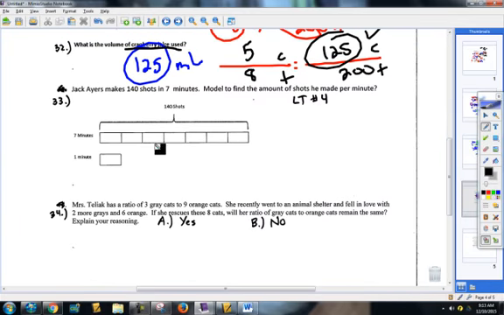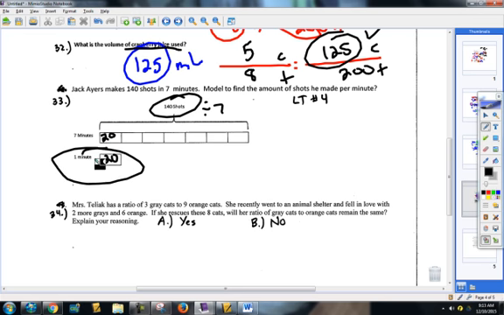This one here is pretty easy, obviously, because this is about as easy as it could be. You have 140 shots. That's representing that bar, and you have 7 sections inside that bar. So obviously you're going to do 140 divided by 7. That's going to put 20 in each one, which means he made 20 in 1 minute, right?